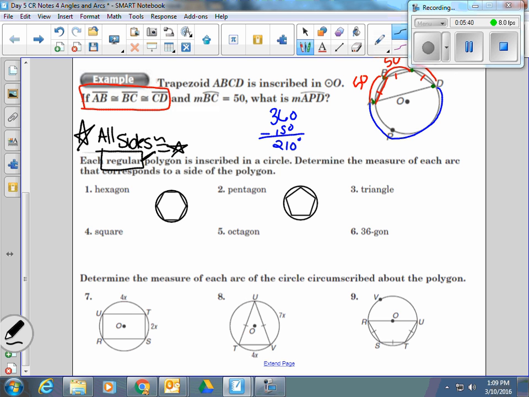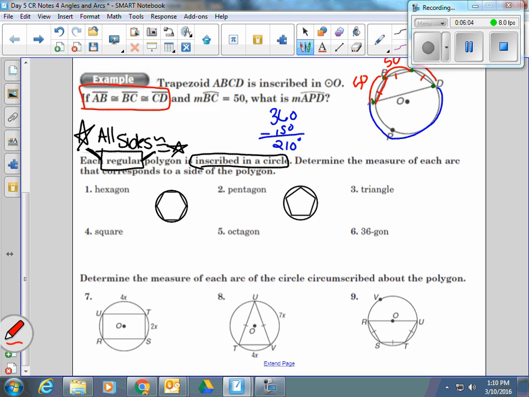Okay, that's what regular means. So each regular polygon is inscribed in a circle. What does that mean, inscribed in a circle? It's just inside? And the vertices have to be on the edges.